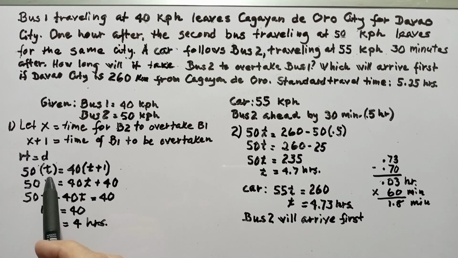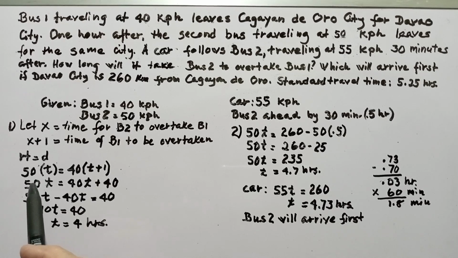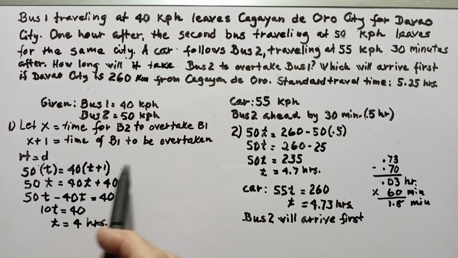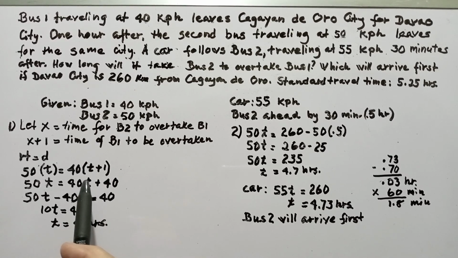50 times T, now this is the distance to be covered by bus 2, is equal to 40 times quantity T plus 1. This is the distance to be covered by B1. So we have 50T is equal to 40 times T, you have 40T. 40 times 1, you have plus 40.